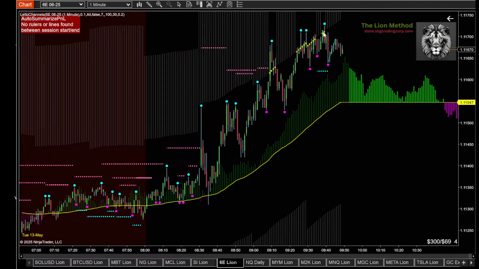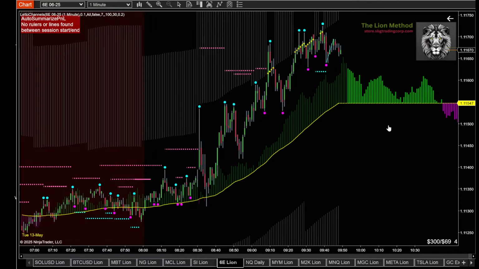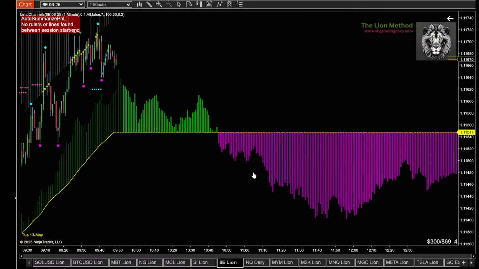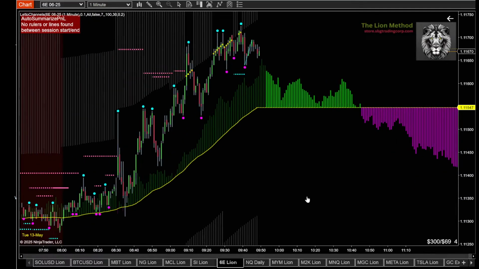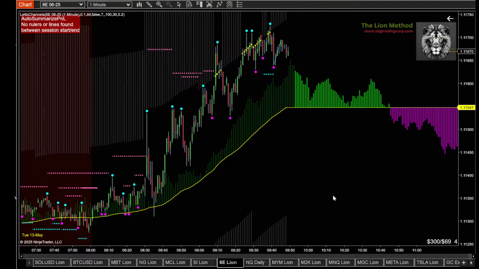6E, it's overbought. Tendency is up. We have a strong tendency to go negative here at about 1040. This is technically a short signal right here.